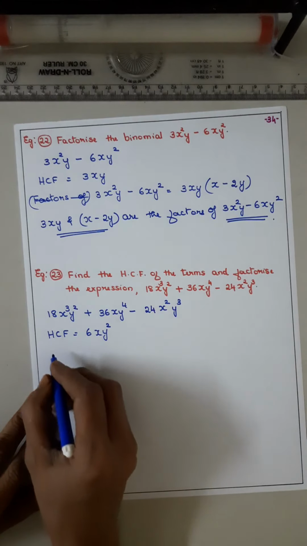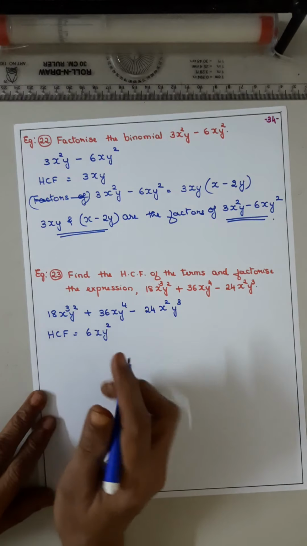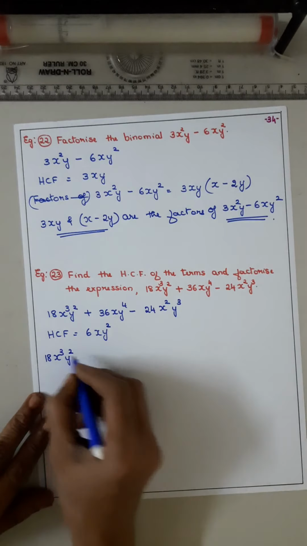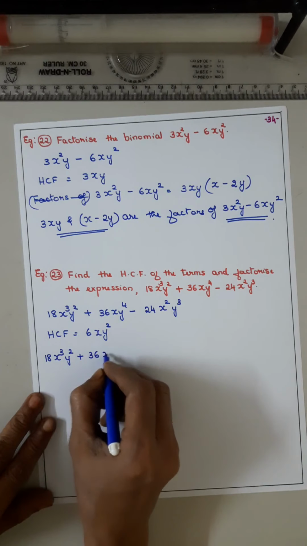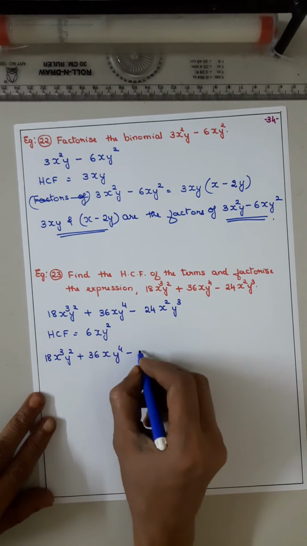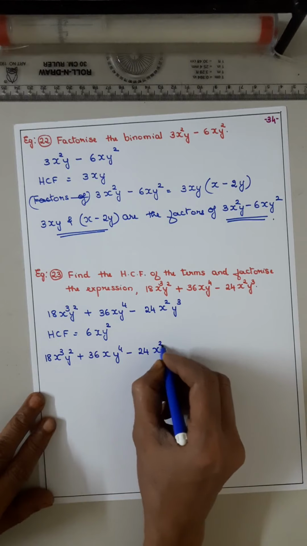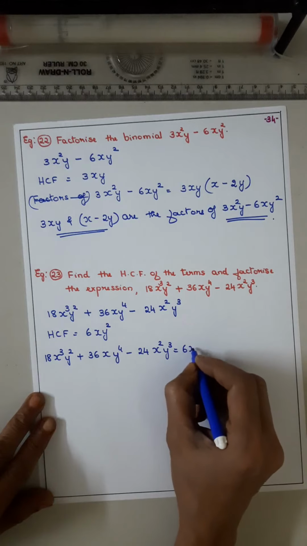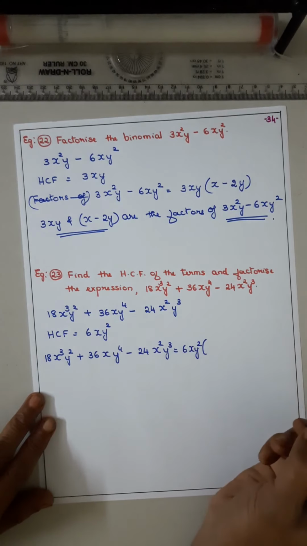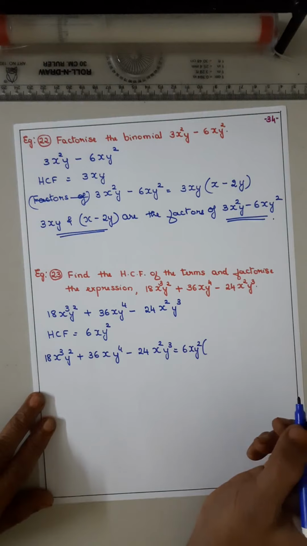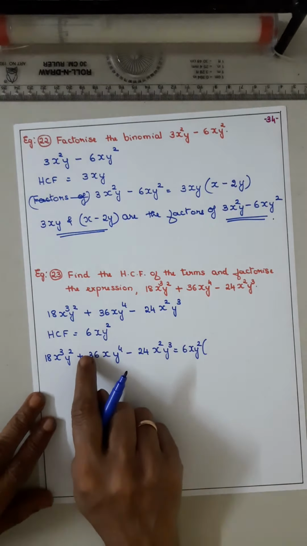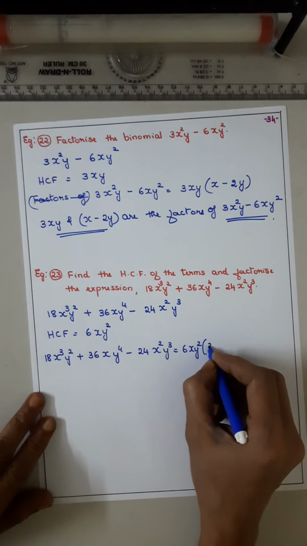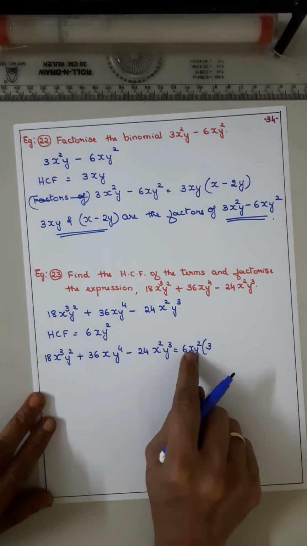Now the question can be written as 18x cube y squared plus 36xy to the power 4 minus 24x squared y cube can be written as 6xy squared, that is the common, and what is remaining? 6 how much? 18. 6 threes. x 1 is written.